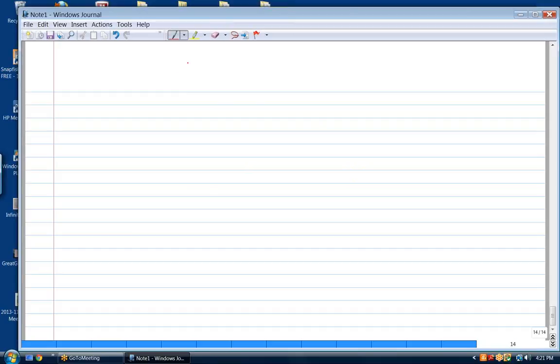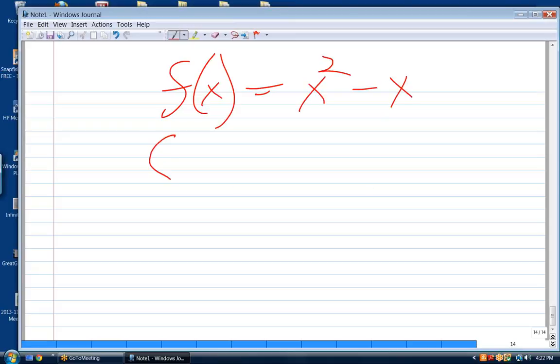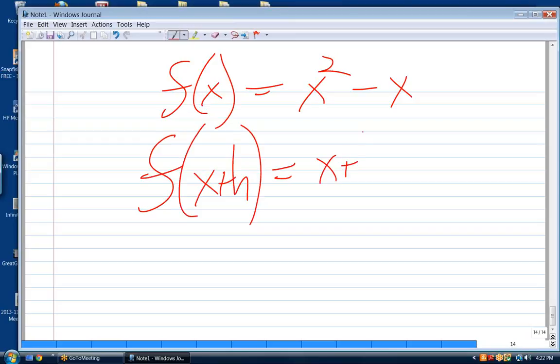However, I guess what they're trying to get you to understand is that if f of x equals x squared minus x, then for f of x plus h, we plug in x plus h wherever we see x.